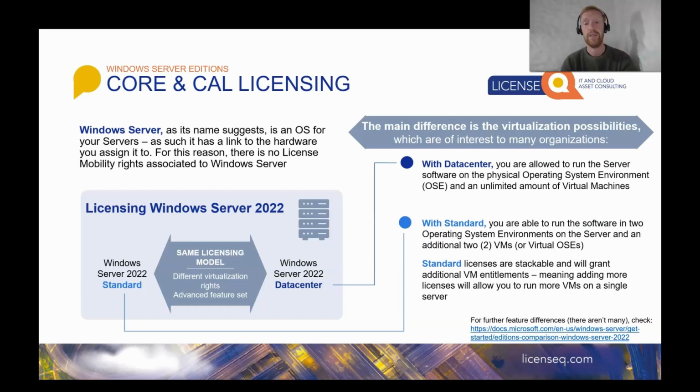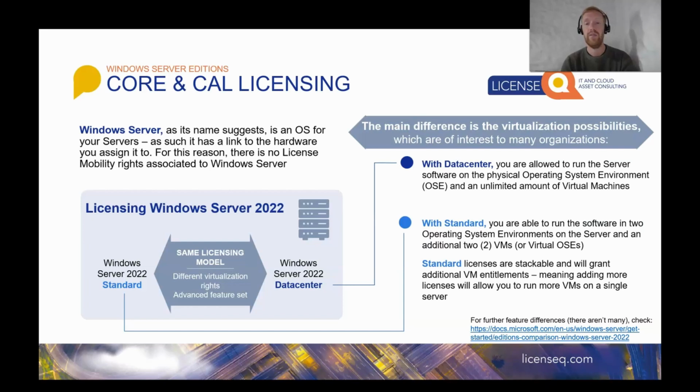Now, with Datacenter, you are allowed to run the server software on the physical operating system environment and an unlimited amount of virtual machines, so you can spin up as many VMs as you want. But with Standard, you are able to run the software in 2 operating system environments: on the server and on additional 2 VMs or virtual OSEs.